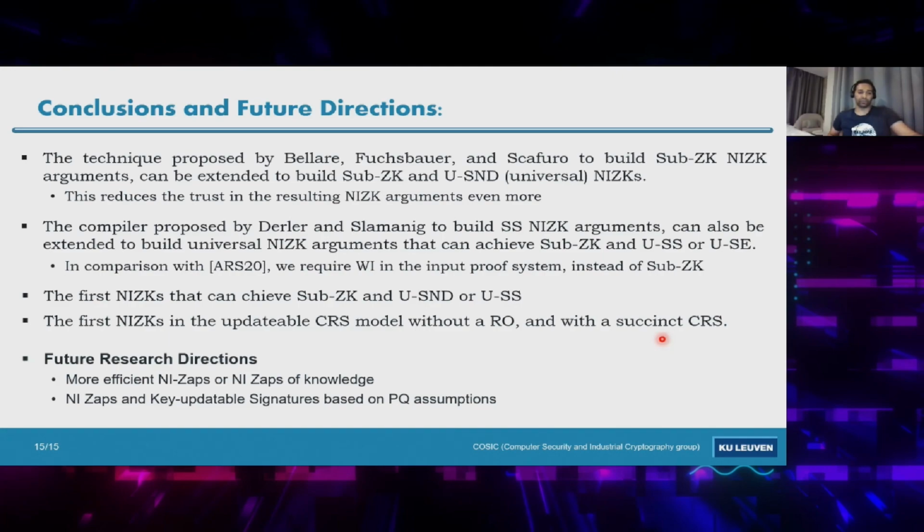So that would be interesting to see if we can build them, because that would allow us to instantiate our constructions with post-quantum based assumptions and result in an updatable NISC in the post-quantum setting, let's say. And for that also, we would need to build key updatable signatures based on post-quantum assumptions, and we are working on that direction to see if we can build them.